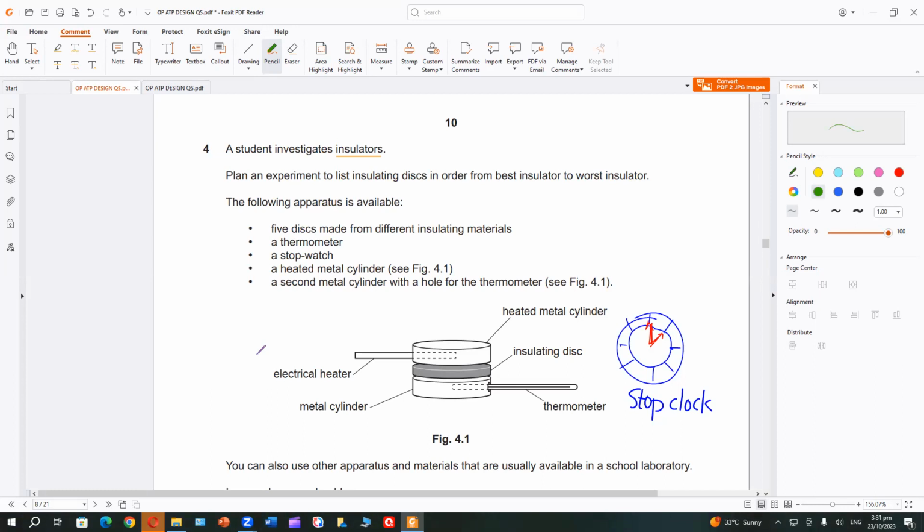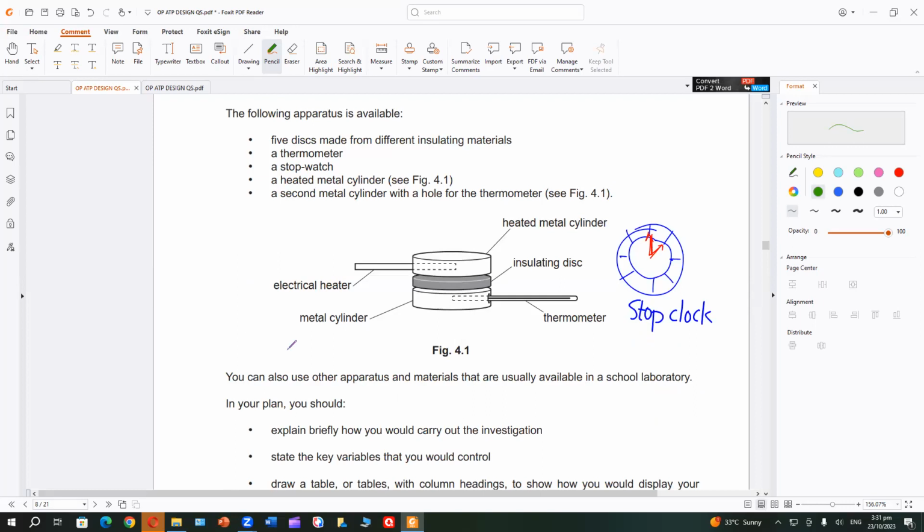You must have seen that when you put something hot on a table, normally people put a mat under the tea to prevent the heat going through. Look what he is willing to check: how much heat flows through the insulating disc. The electric heater is on the top disc, and heat will go down through the insulator.